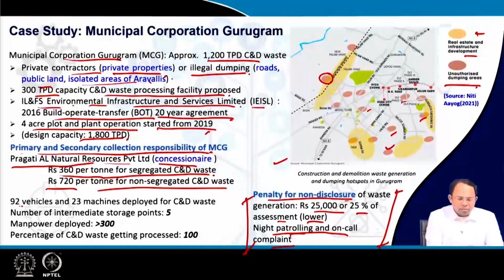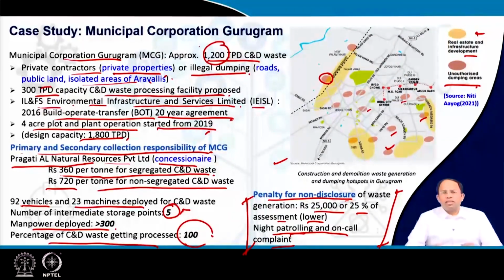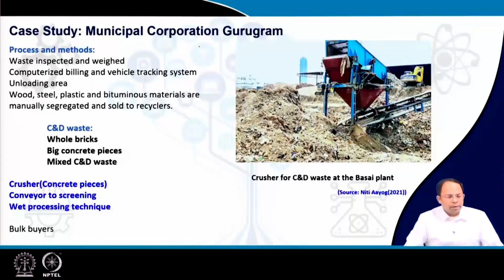In total they deployed around 92 vehicles and 23 machines, and the number of intermediate storage points used in the city was 5. Initially it was planned to be around 13, but ultimately 5 became operational. Total manpower deployed was more than 300, and the percentage of C&D waste processed is 100%. That means the entire 1200 tons per day of waste was actually processed.